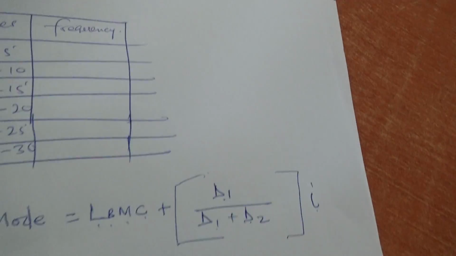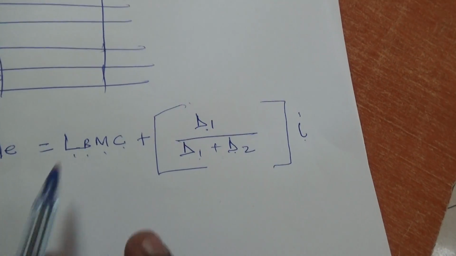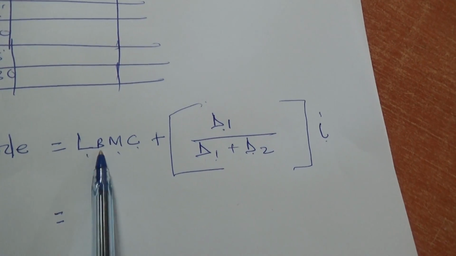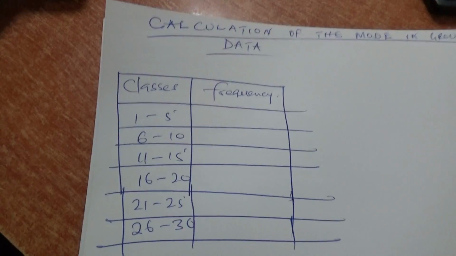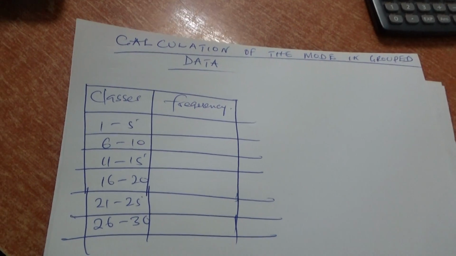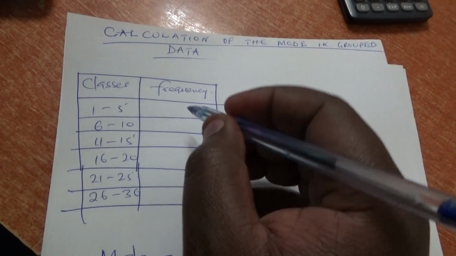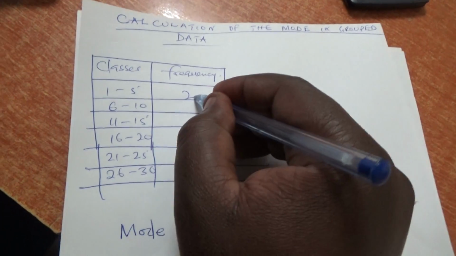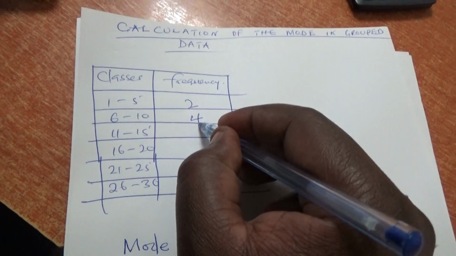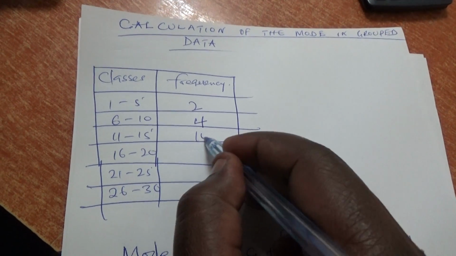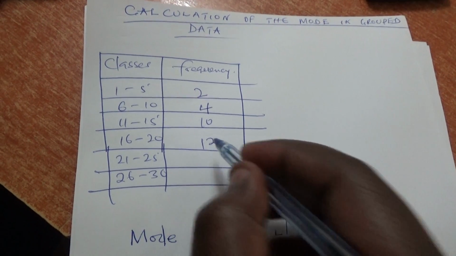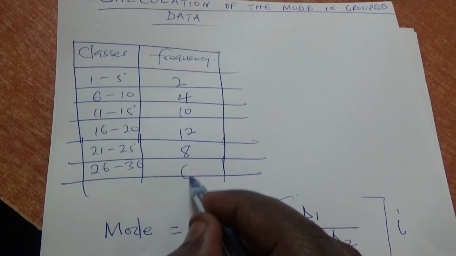Okay, so what do we mean by that? If you're from the lower boundary of the modal class in this set of data, I forgot to indicate the frequencies. Here is 2, here is 4, here is 10, here is 12, here is 8, and here is 6.